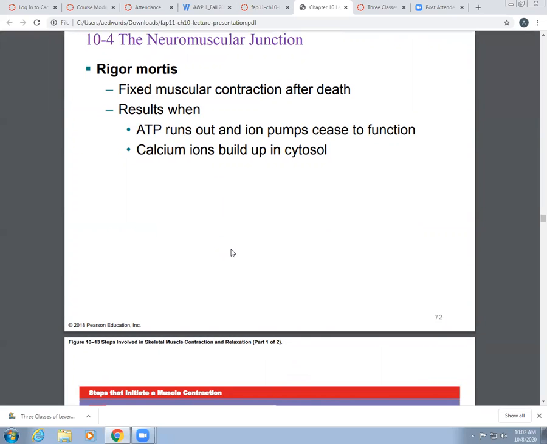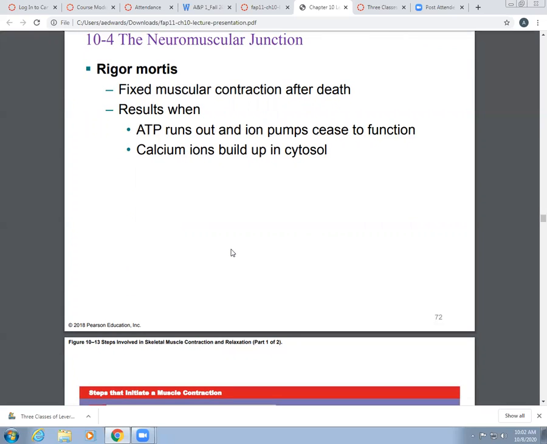So what happens when that doesn't work properly? Rigor mortis is one example. Your body ends up in a fixed muscular contraction after the person has died. This happens when you run out of ATP and the ion pumps stop functioning, but you get calcium ions built up in the cytosol.